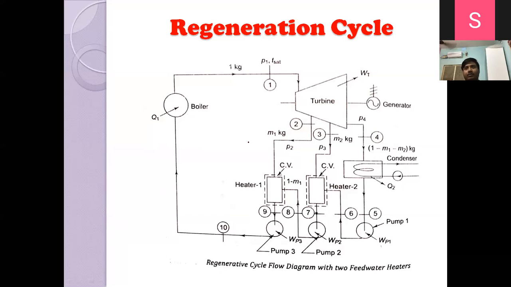Okay. So how to increase? So one way to increase the mean effective temperature of heat addition has already been shown, that is the reheat cycle. ठीक है, और उस बेसिस पे एक असाइनमेंट भी मैंने दिया था reheat cycle के बेसिस पे.